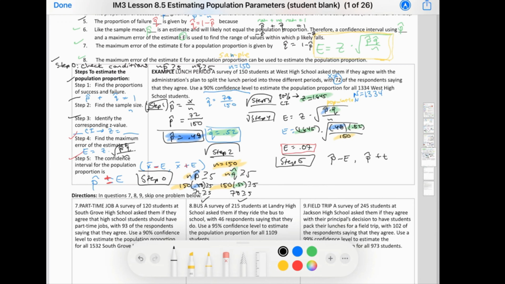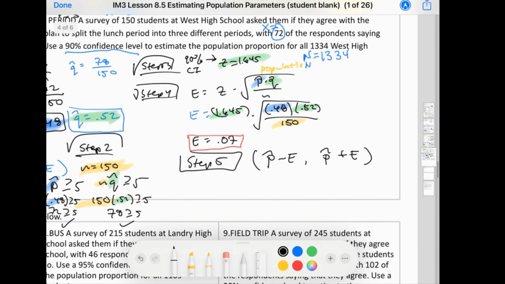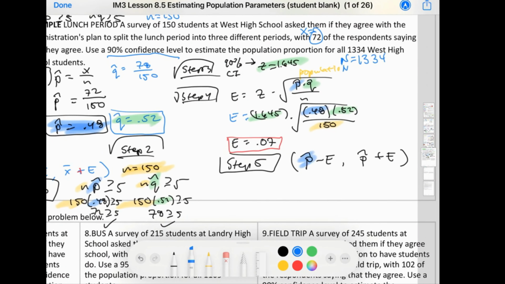So, p hat was 0.48 and E was 0.07. That's a plus, that one's a minus, so I get 0.41 to 0.55.